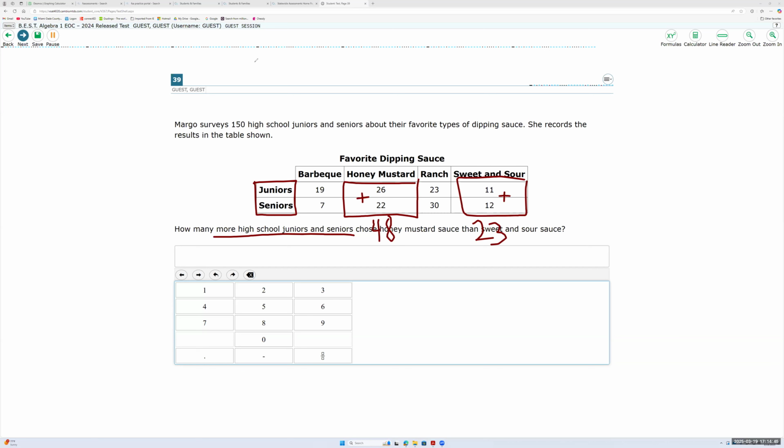So 48 is bigger than 23 by how many? By 25. So 25 more juniors and seniors choose honey mustard sauce than sweet and sour sauce. So I'm going to type my 25, and I'm done. Pause if you need to.